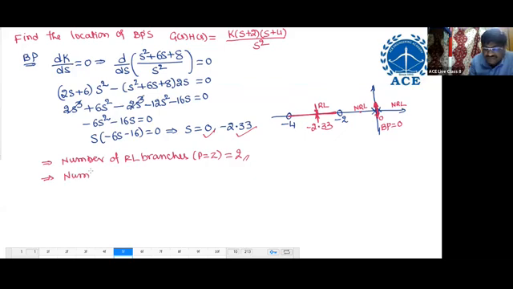Number of asymptotes n equal to p minus z equal to 0.